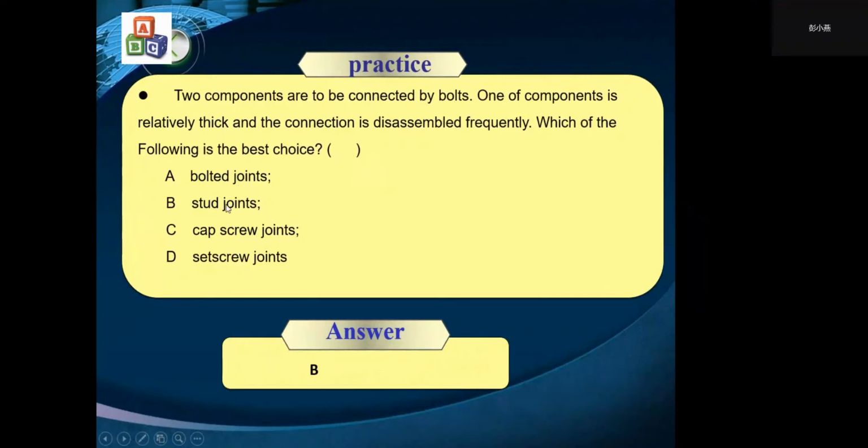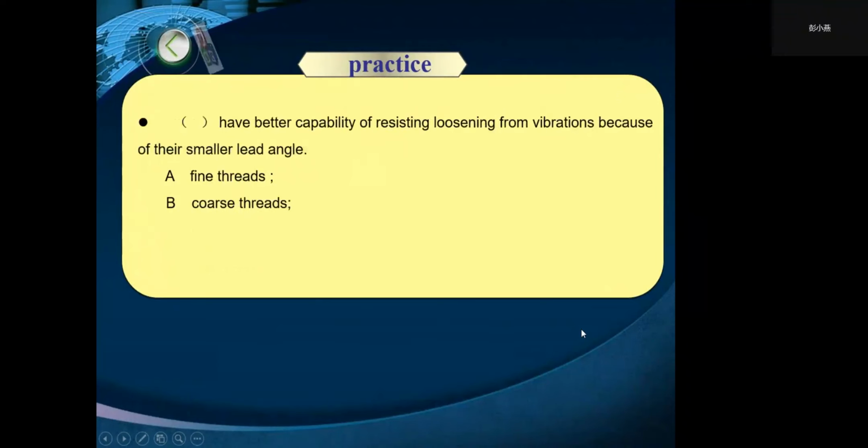The stud joint can be disassembled frequently, but the screw joint cannot. So we choose B.